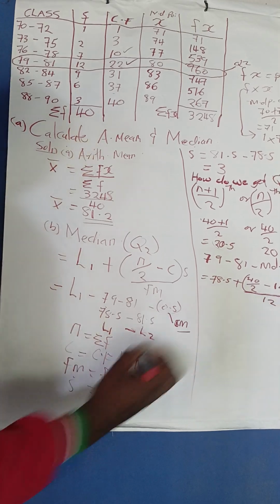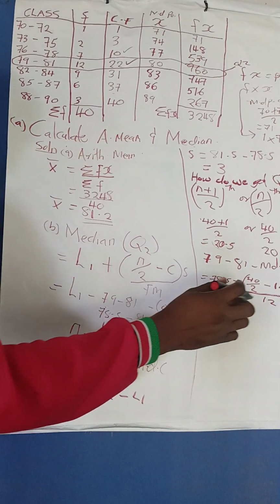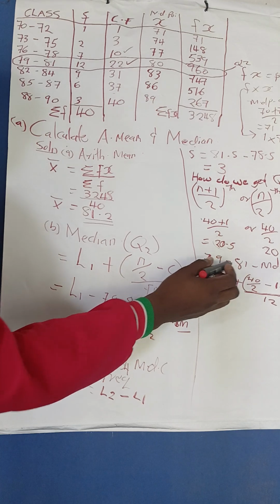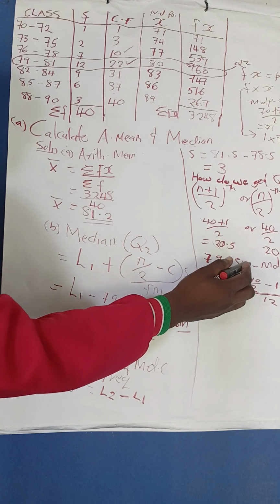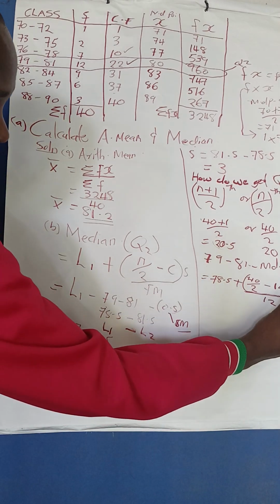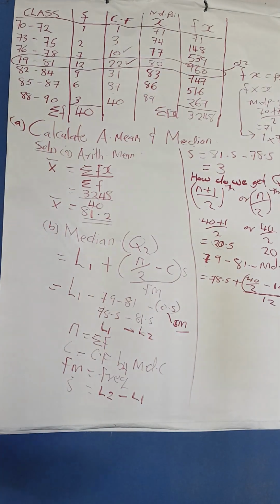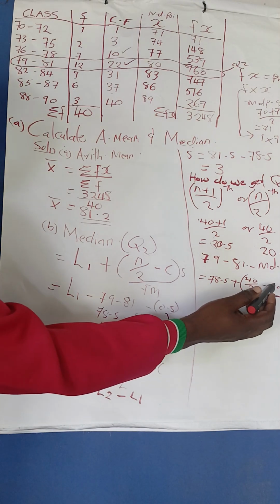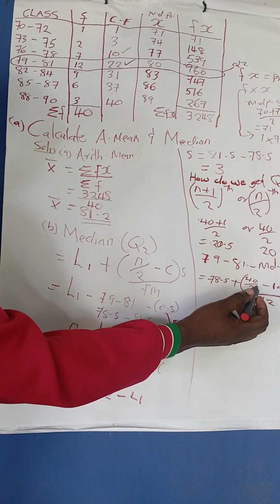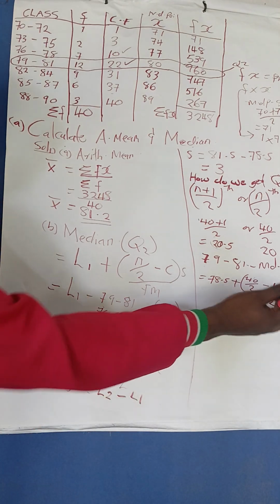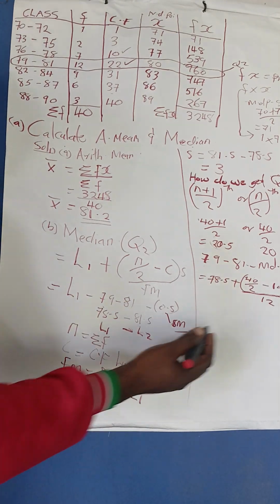You see, very easy. Then we go ahead. We get the L2 minus L1. So it is 81.5 minus 78.5, which is what? 3. Then we are good to go. So this will be 20 minus 10 becomes 10. 10 multiplied by 3 becomes 30. 30 divided by 12.